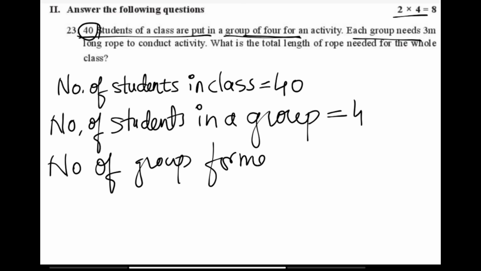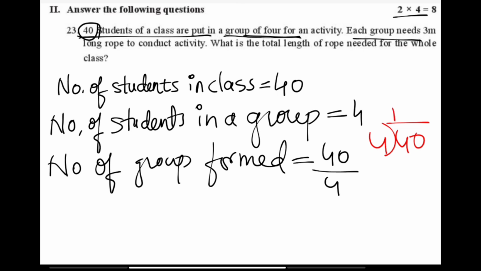How many groups have been formed? For that, what you have to do? You have to divide, of course, because we are doing a distribution here. So 40 divided by 4. So let us do it here like this. Okay, so 40 will write here and the 4 will write here.